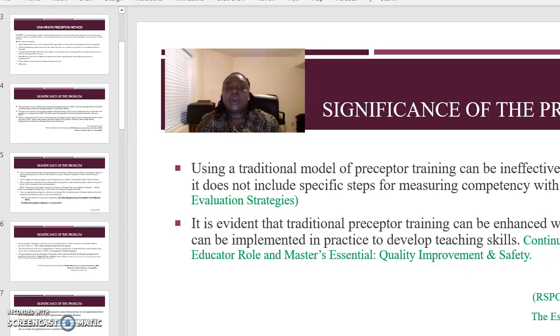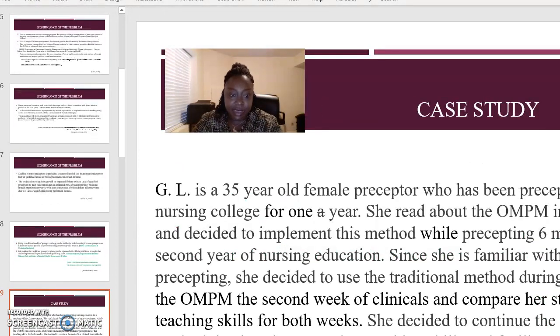Using a traditional model of preceptor training can be ineffective and frustrating, as we've already said. There is also evidence that traditional preceptor training can be enhanced by offering additional strategies. So even when we are using the traditional method of teaching, we can still incorporate the 1-minute preceptor method to make the teaching experience more effective.